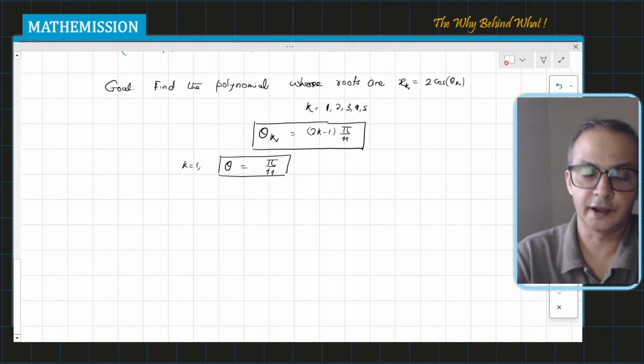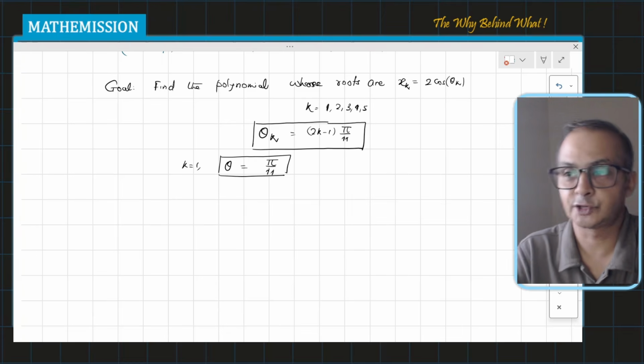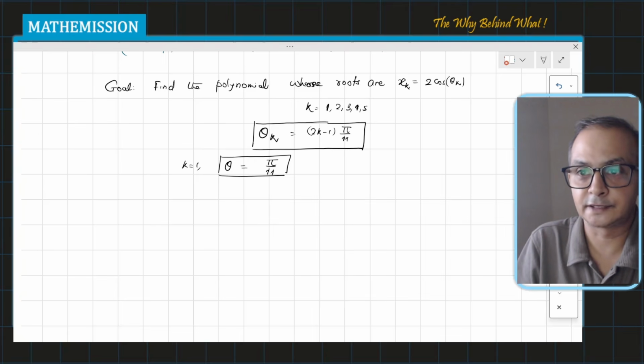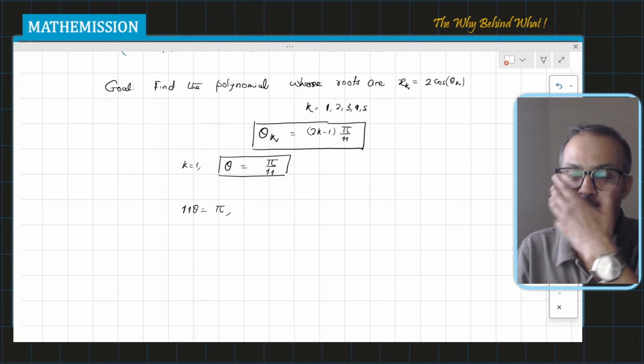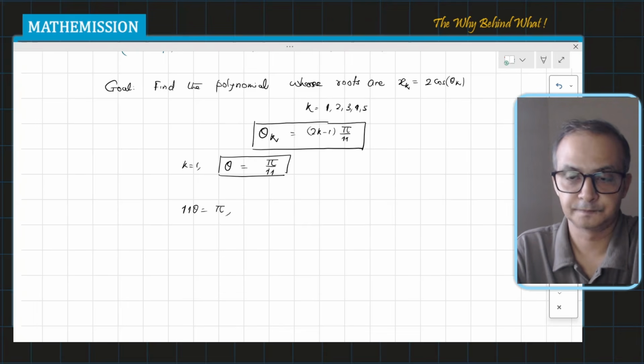It means we are finding the different values of theta, and actually the governing term is here: theta is equal to pi by 11. From here we can think that 11 theta is equal to pi. Now can we set up this 11 theta equal to pi in such a way that we can form a polynomial of cos?